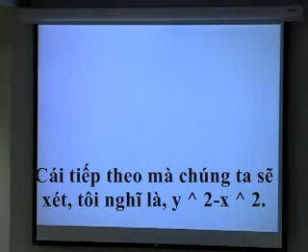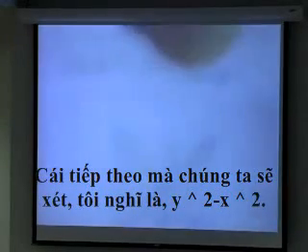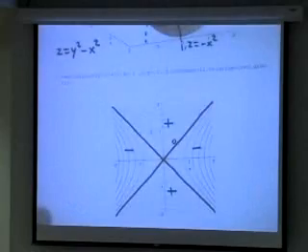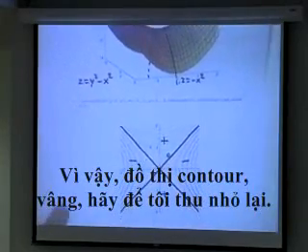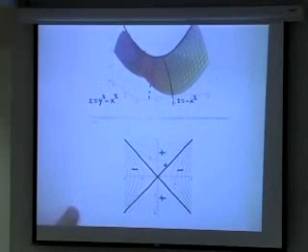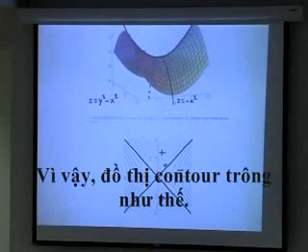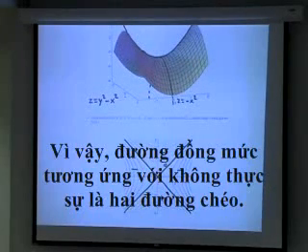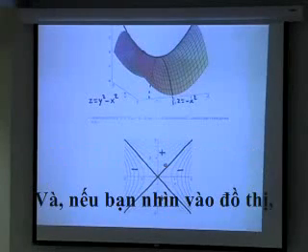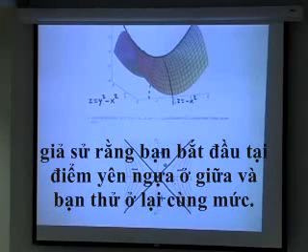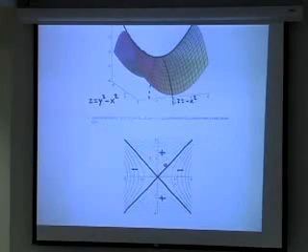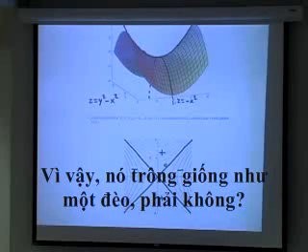For the next one I had, I think, y squared minus x squared. So the contour plot looks like that. The level curve corresponding to 0 is actually two diagonal lines. And if you look on the plot, say that you start at the saddle point in the middle, and you try to stay at the same level. It looks like a mountain pass, right?